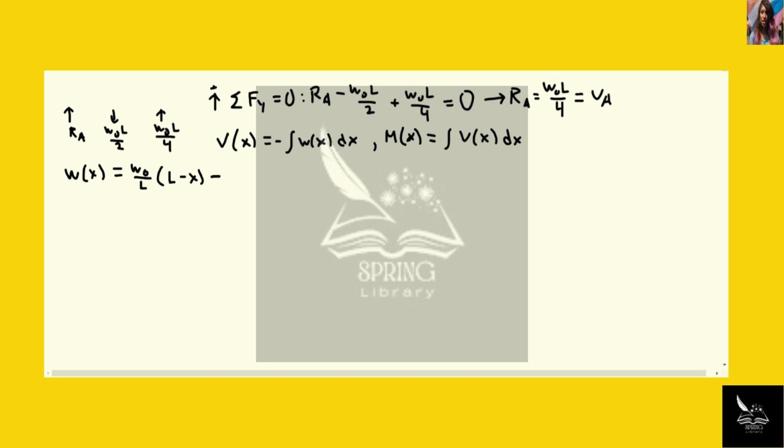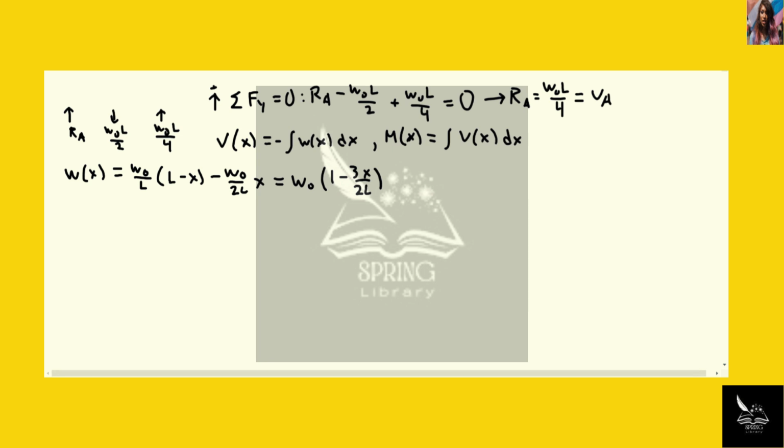And we'll subtract from that a W0 over 2L times x. Gives us the result w of x equals W0 times 1 minus 3x over 2L. Okay, so this we can use to find our V of x and our M of x, and we'll use our initial condition that the shear at A is equal to the reaction at A, W0L over 4.